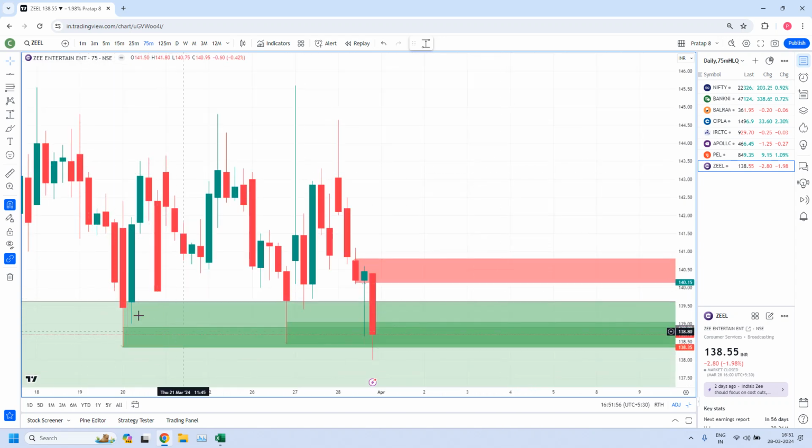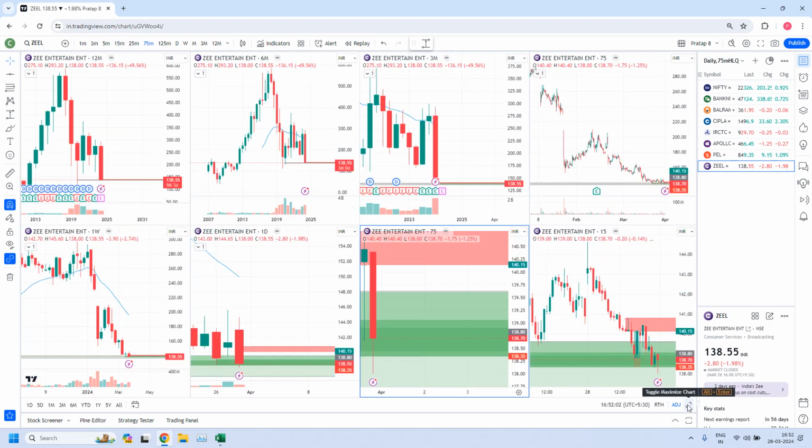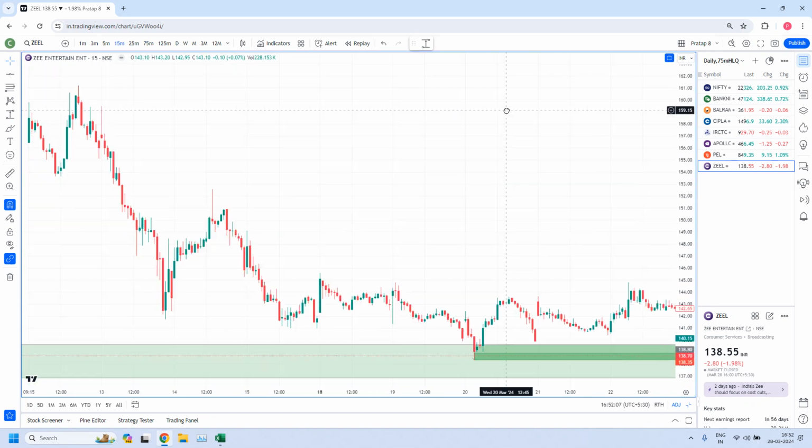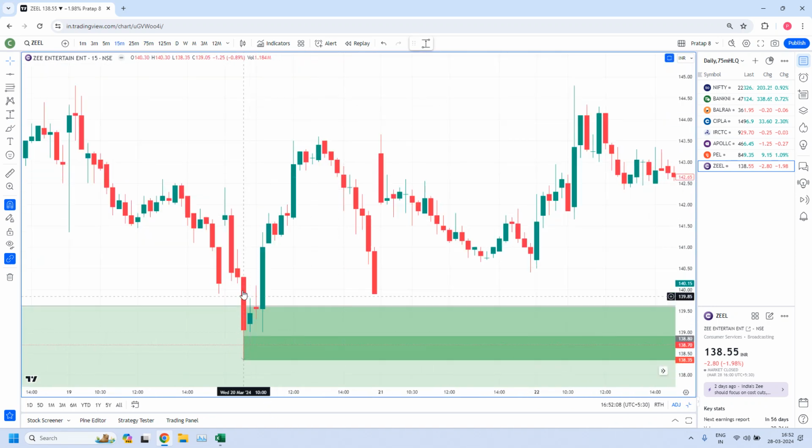In this price action, a 15 minute zone was created. Let me go to the 15 minutes time frame. Check here. We have a drop candle, 2 base candles and a rally candle. This is the way we have drawn this 15 minute zone.